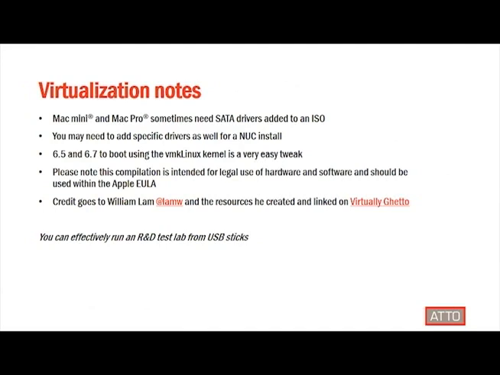We talked about needing the SATA drivers. Same thing for the NUC. Again, when you're virtualizing a NUC, you want to take a look at the motherboard to see what's supported. We talked a little bit about adding the VMK Linux kernel.